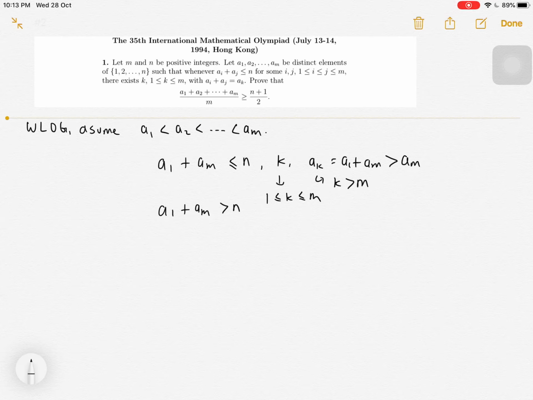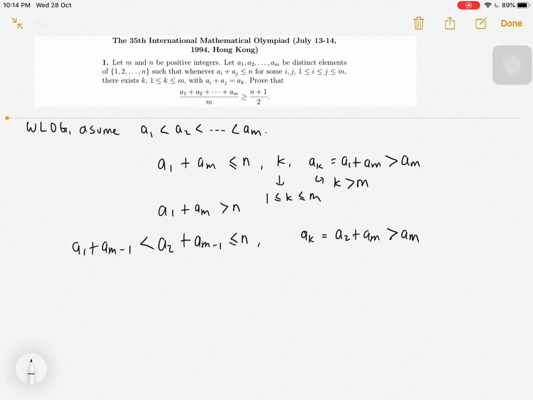Now let us observe the next case, where we take the next element, which is a2, and the second largest element, which is am minus 1. What if this is also less than or equal to n? Then we have k, let's say ak equals a2 plus am, which is greater than am. But in this case, we also have a1 plus am minus 1 is less than or equal to n.